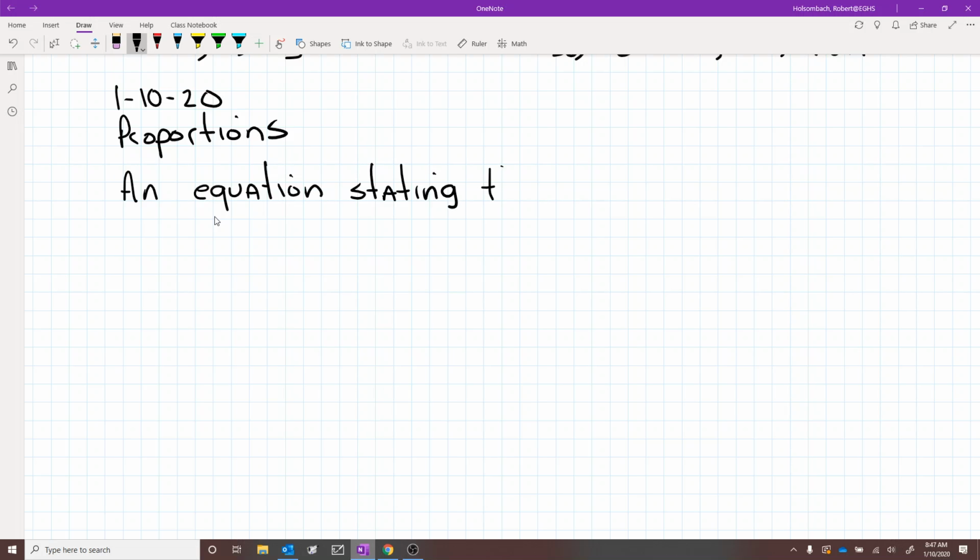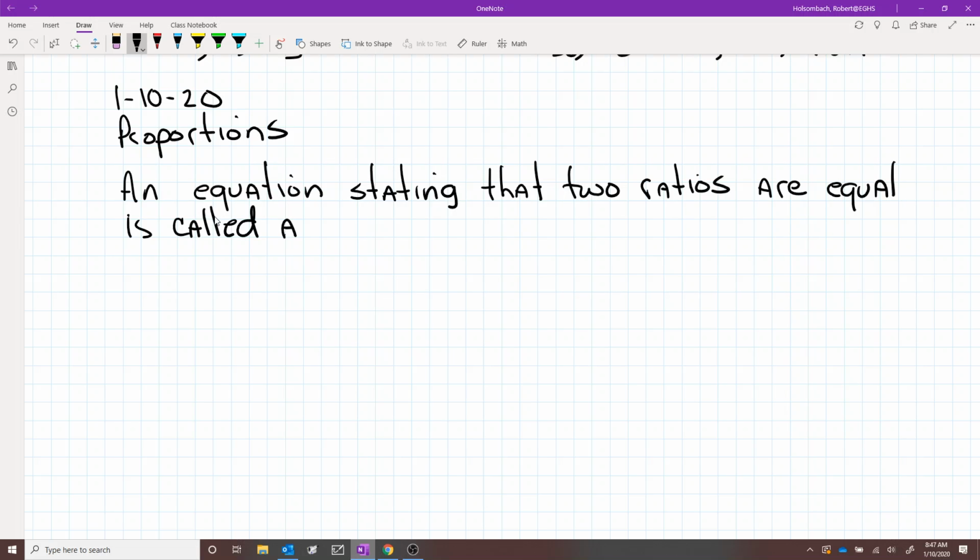Okay, today we're going to be dealing with proportions. An equation stating that two ratios are equal is called a proportion.